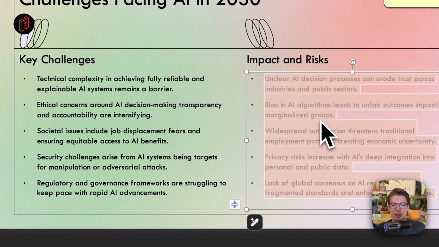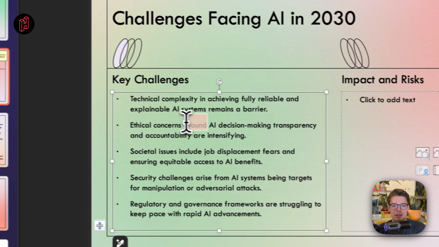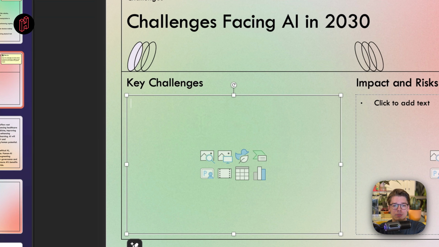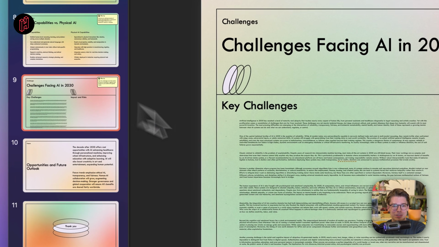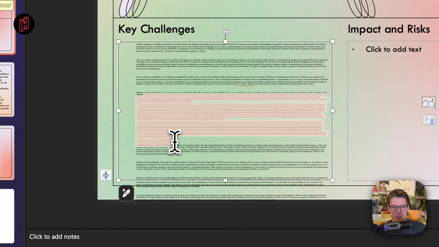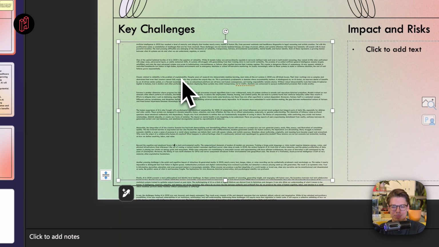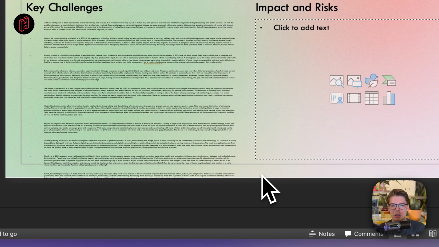So we can simply just delete the existing text. Then I will paste in this extremely long report. It even downsized it so much because it's like 10 pages long or something. But that doesn't really matter. We don't need to be able to read it now.